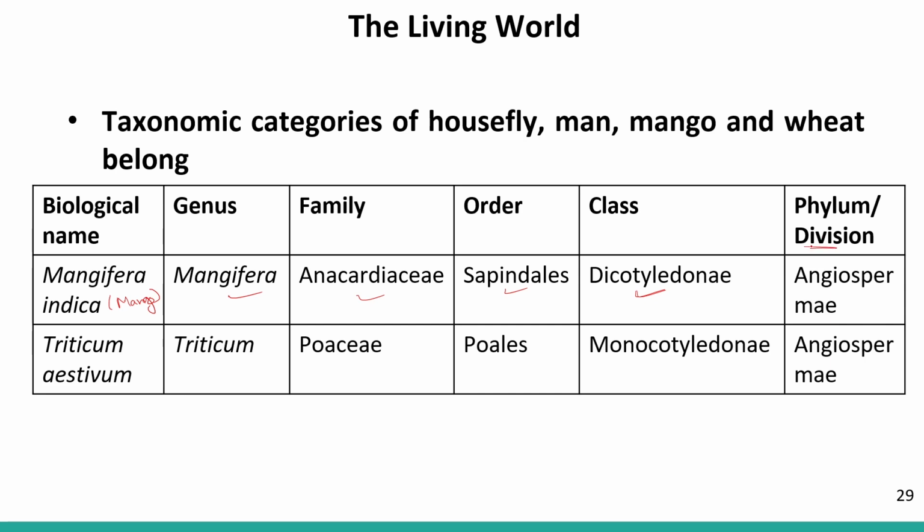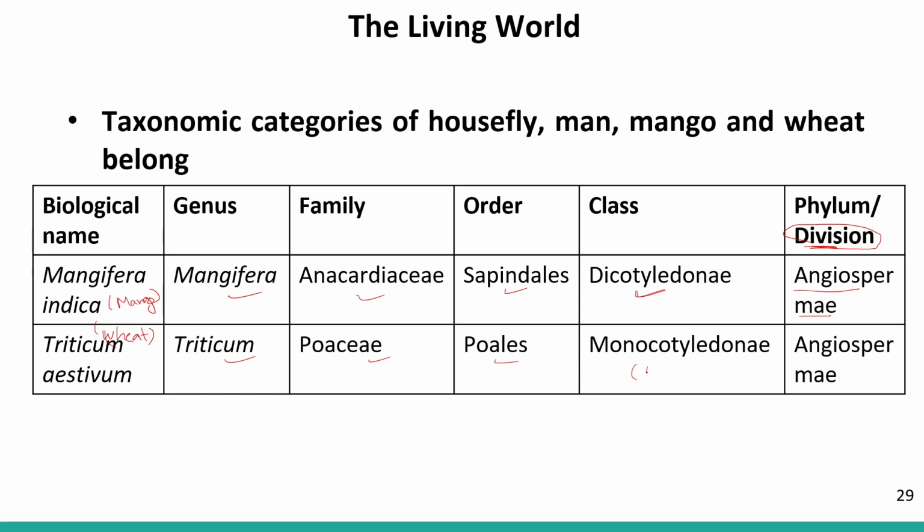And here we talk about division. The division is Angiospermae. Similarly, Triticum aestivum. What is Triticum aestivum? It is wheat. Here the genus is Triticum. It belongs to the family Poaceae, order Poales.